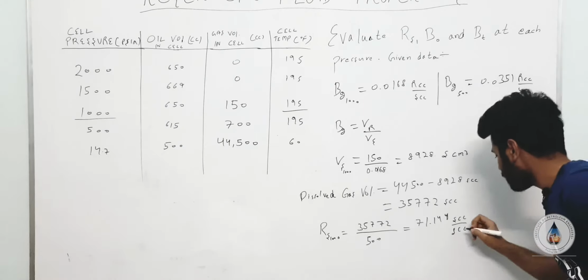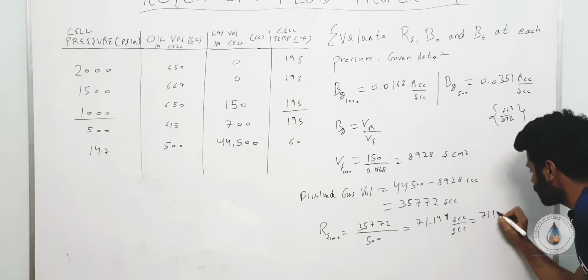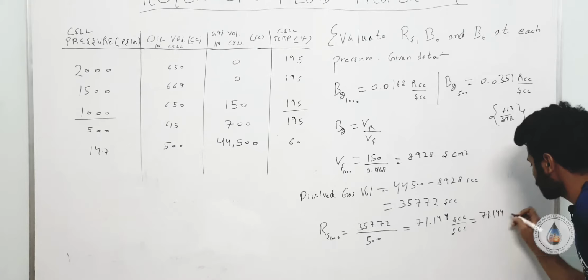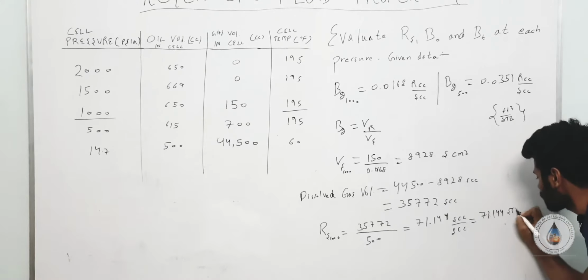So I can write this as 71.144 SCF upon SCF. Okay, or let's say it is stock tank barrel per stock tank barrel.